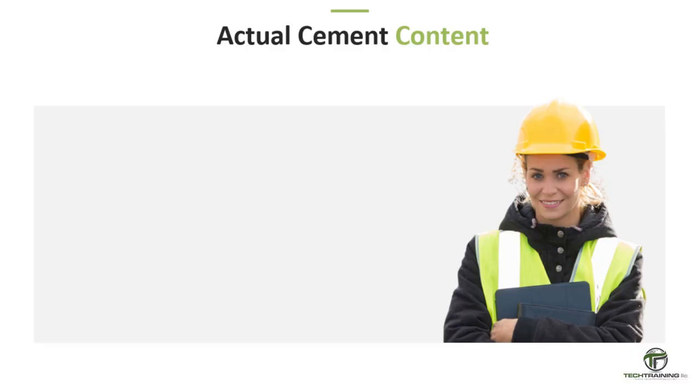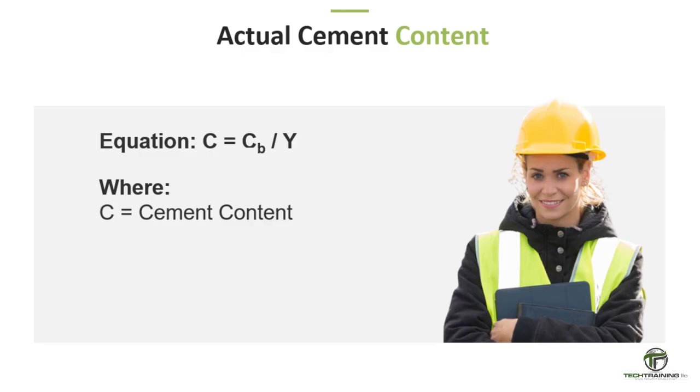With the yield calculations complete, we can calculate our actual cement content. The equation for cement content is C equals C subscript B divided by Y, where C is the cement content, C subscript B is the total cement batched, and Y is the yield in cubic meters.